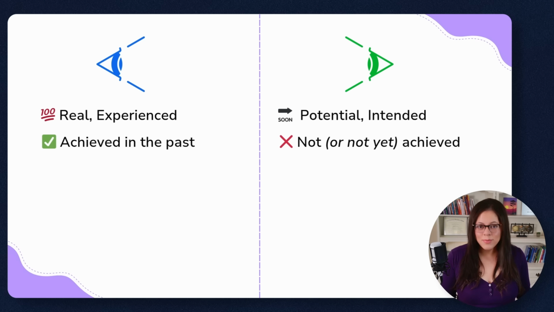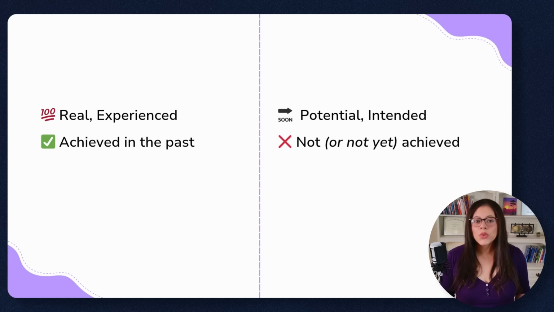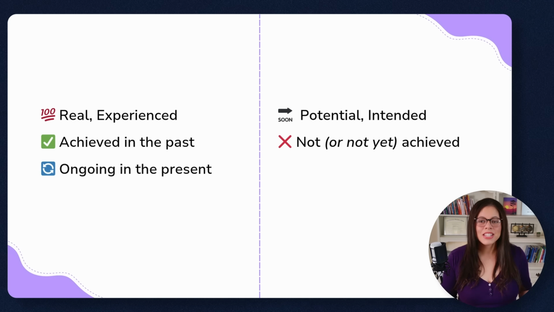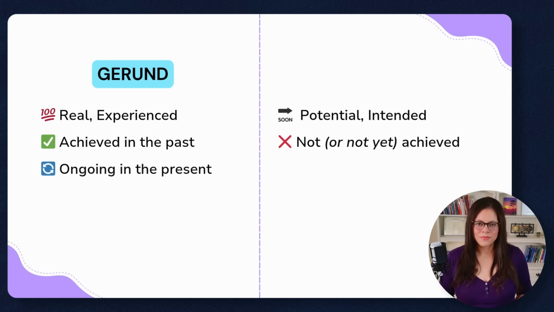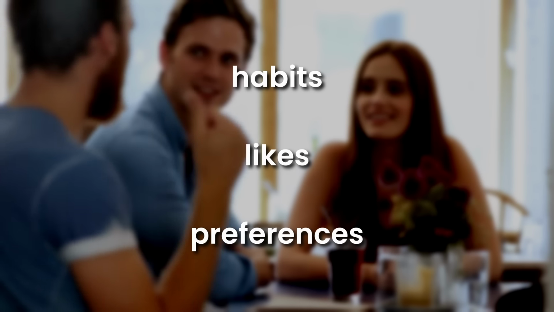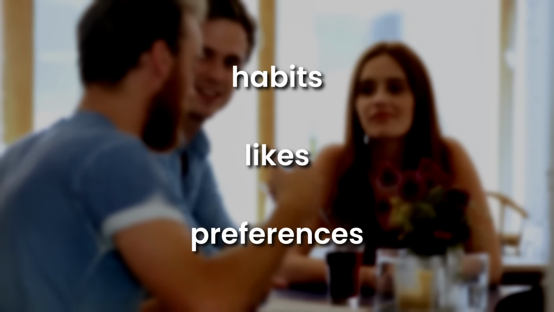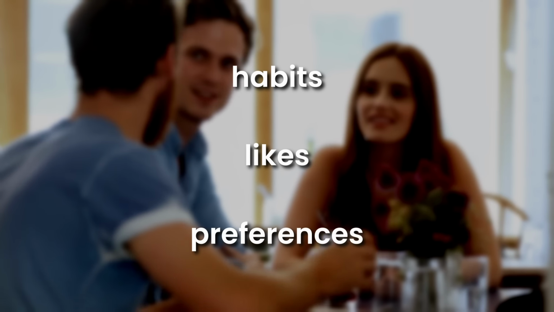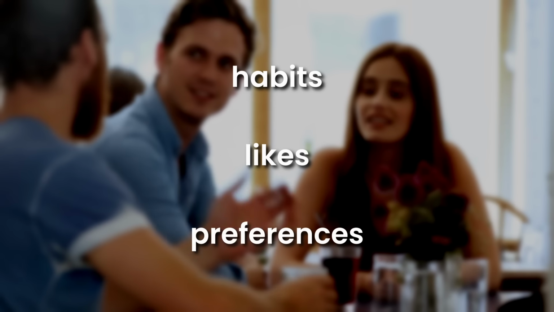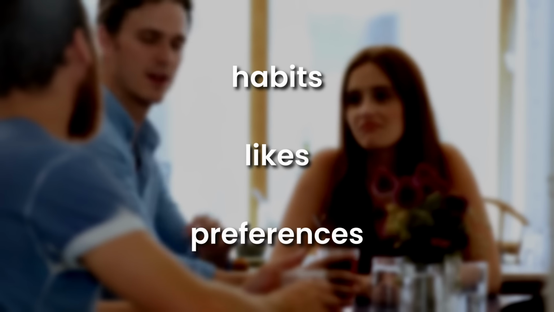Things that have been achieved and things that have not or not yet been achieved. So for actions that are real, ongoing in the present, or completed in the past, we strongly prefer the gerund form. You'll notice that when we talk about our habits, our likes, our preferences, those are things that we have real experience with. They exist in our reality.